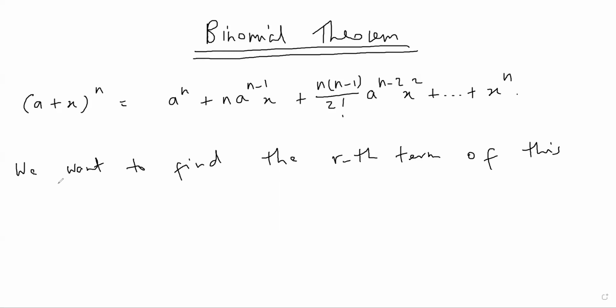Let's say the first term, second term, third term, fourth term, any term. So r stands for any natural number, really. We want to find the rth term of this expansion.